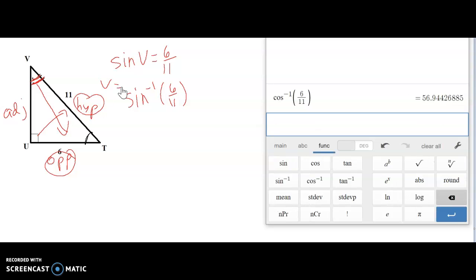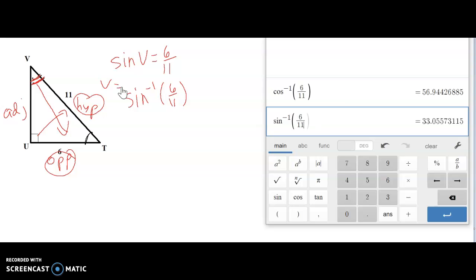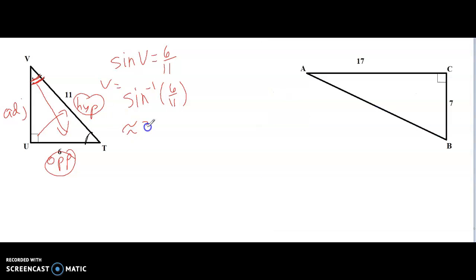When I go back here, again, my function tab, inverse sine, go back to main, 6 divided by 11. You'll see that that ends up being 33.1. I had to round it up. So what does this mean?